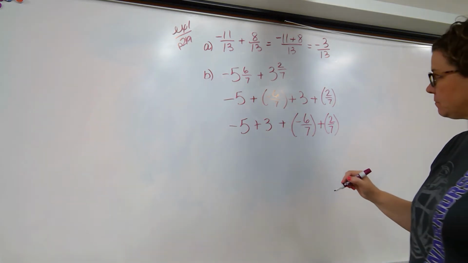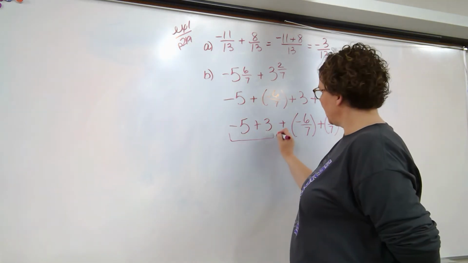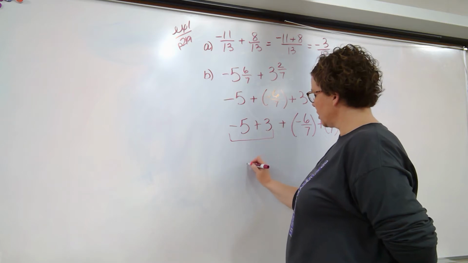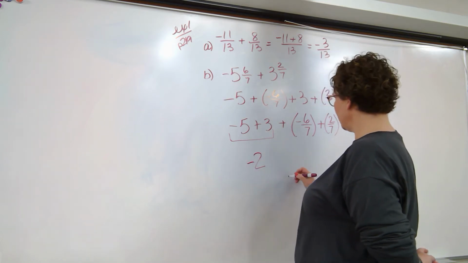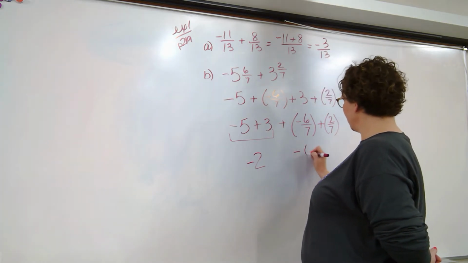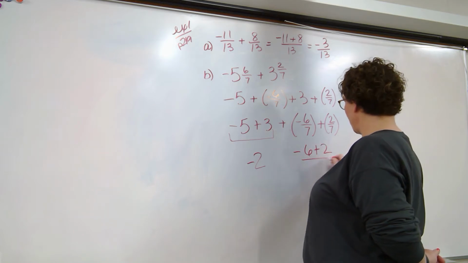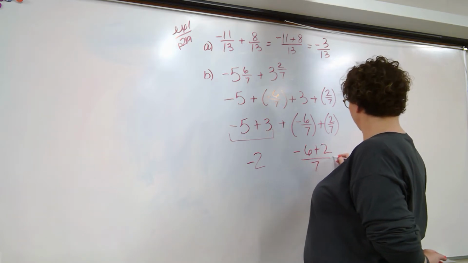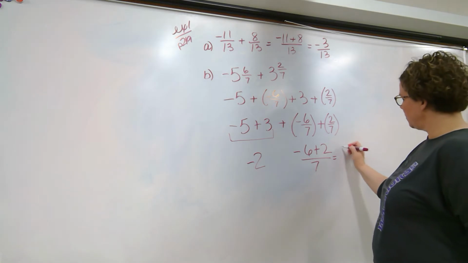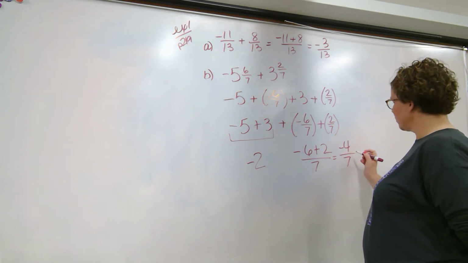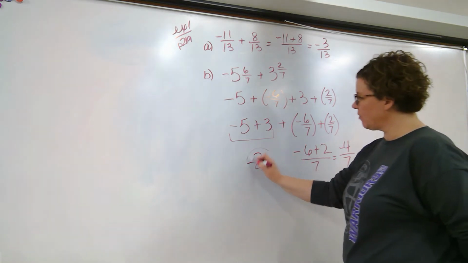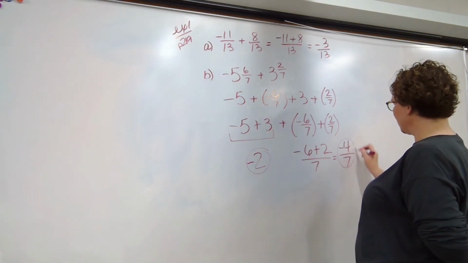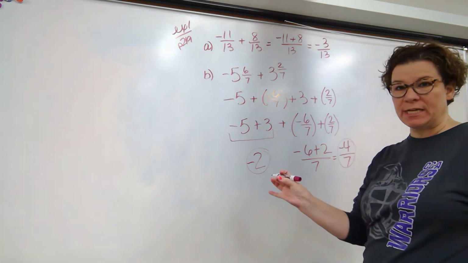Okay? I'm going to combine my whole numbers. Negative 5 plus 3 is negative 2. And then I've got negative 6 plus 2 over 7. Negative 6 plus 2 is negative 4 over 7. So now I've got a negative whole number and I've got a negative fraction, so I can just put those straight together.